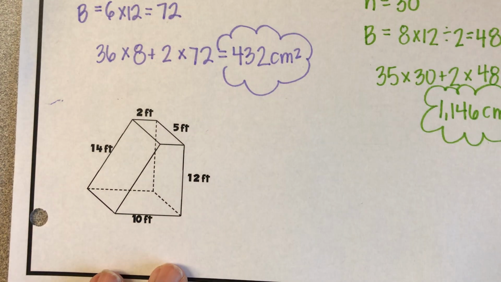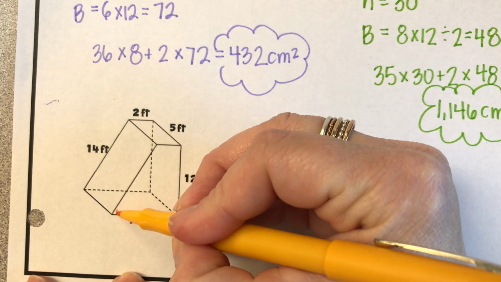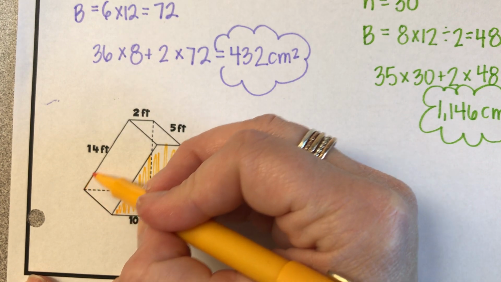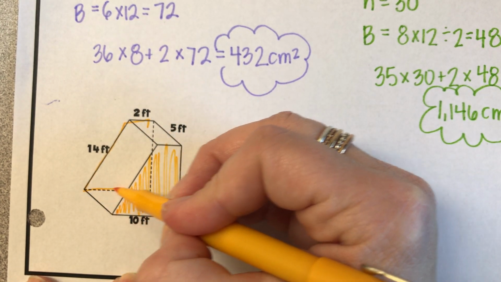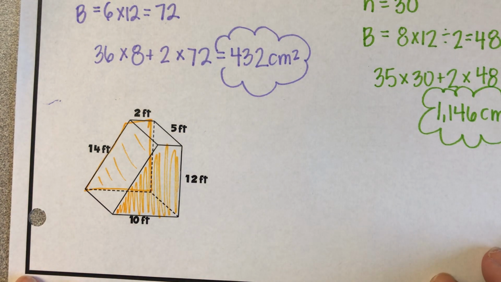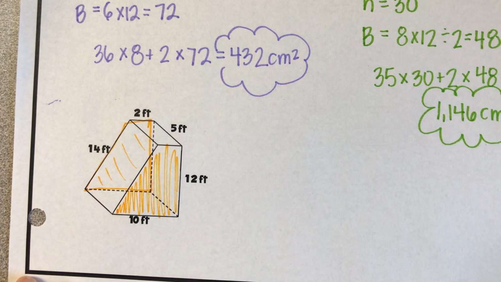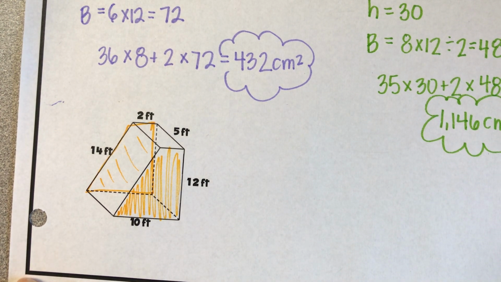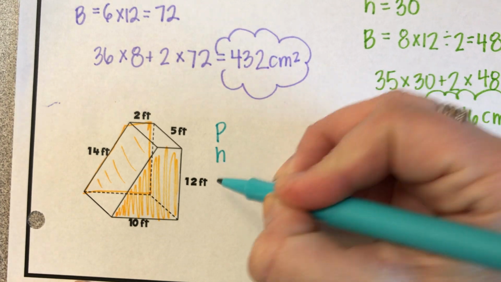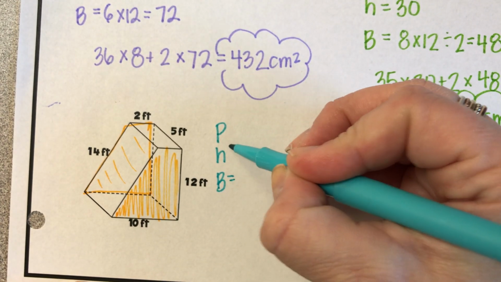Okay, and then the last one. So the only two parallel sides are going to be this guy, and then if I were to color it in, it would kind of just be like a big old blob, and that guy back there. Okay, so those are my bases. So the first thing I have to do is find the perimeter of the base. It's the exact same thing, Ph plus 2B.